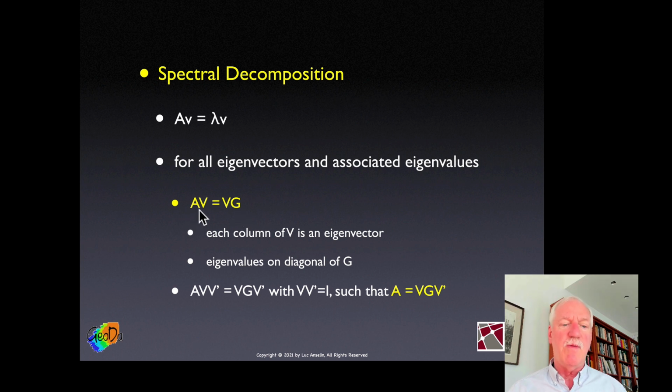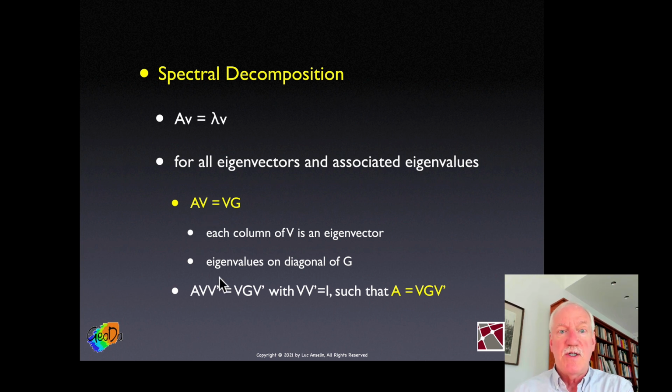So we have the original matrix A, we have an equal dimension matrix V, which consists of the eigenvectors as the columns, and a diagonal matrix with the eigenvalues on the diagonal. And now we can play some matrix algebra magic. We post-multiply each part by V prime. V prime is the transpose of V, basically with the rows and columns switched around.